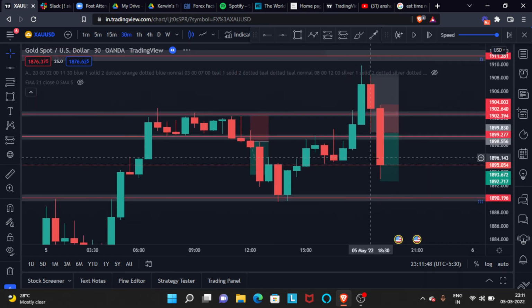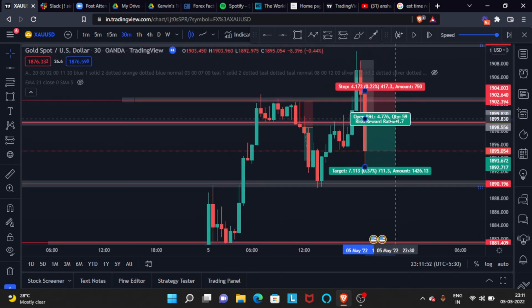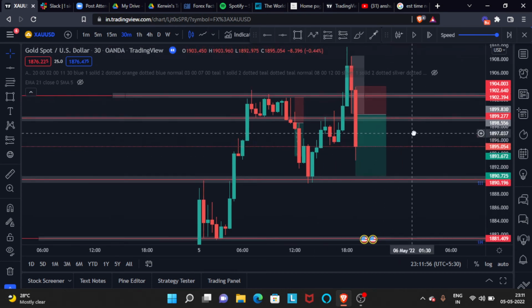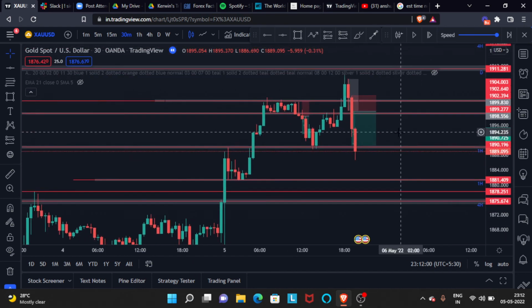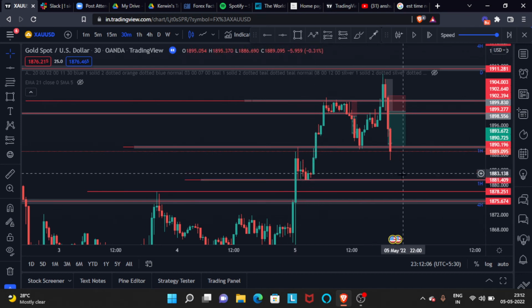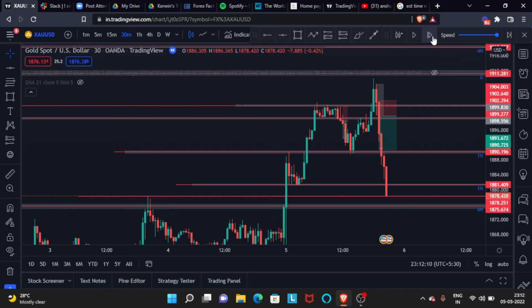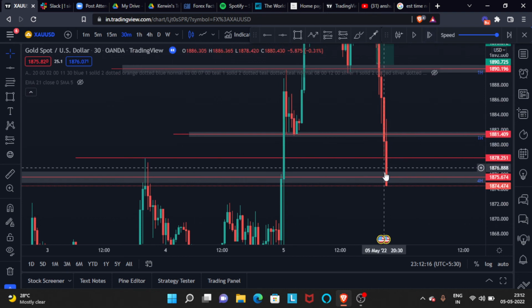For me, it could have made sense for the pullback until this zone, but this was more than just a pullback, and we just kept going down, going down, going down. Once we broke these areas, the next candle could easily continue till these areas, and that's what did happen. And once these areas were broken, the next candle was also an easy entry if you wanted to take it.